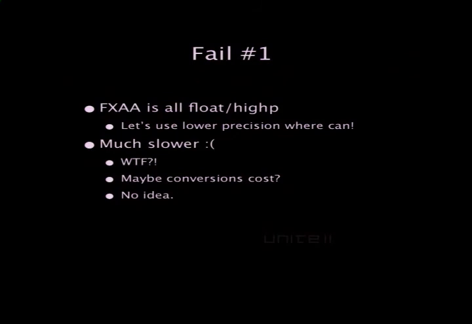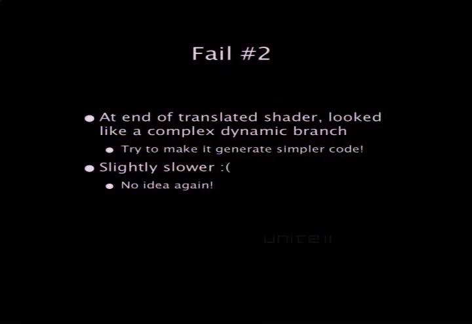So I take that initial shader. The common knowledge is to make everything that can be low precision, low precision, and that's like twice as fast. And why? No idea. Another thing, I look at the generated shader at the end of it.